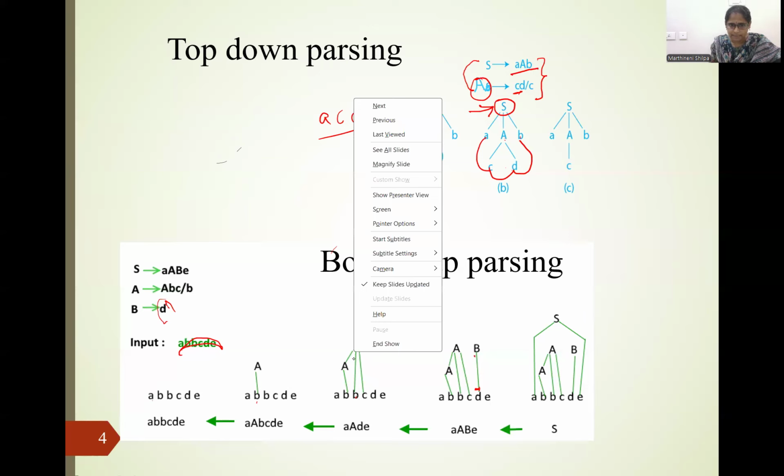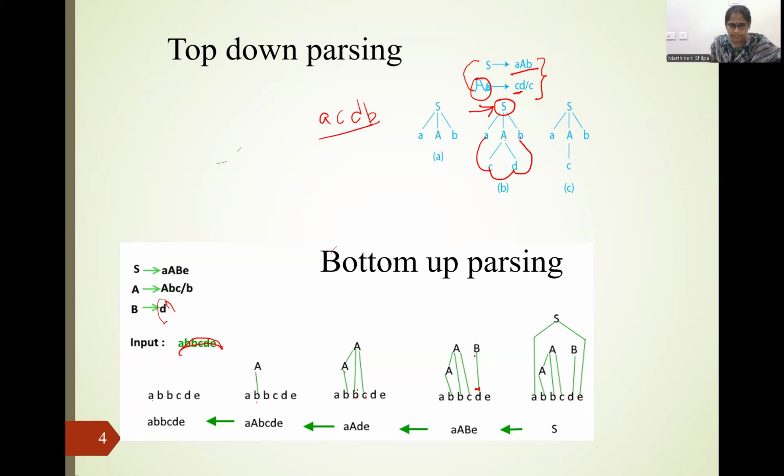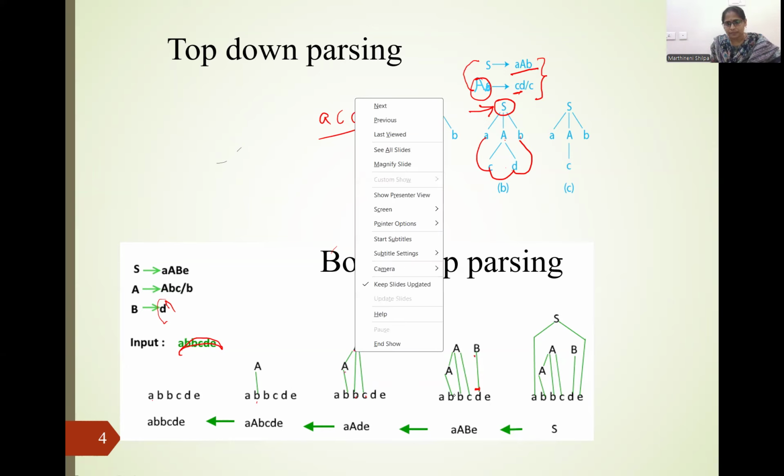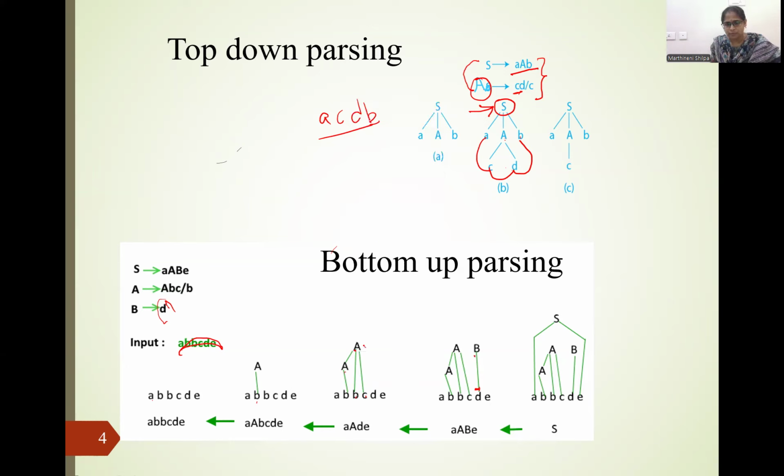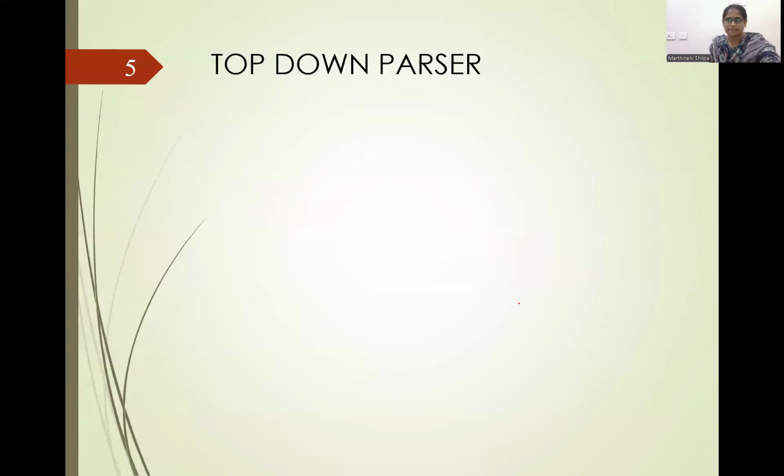Again B, C is reduced to A. Now, in the same way, from leaf to root, the parse tree is constructed from the leaves to the root, or we can say every terminal will be reduced to its non-terminal and eventually the start symbol will be generated. Okay, this is the representation of bottom-up parsing.